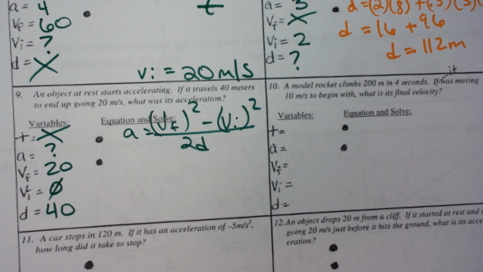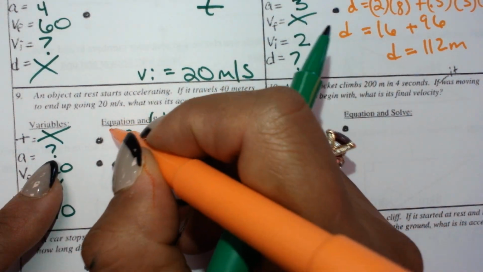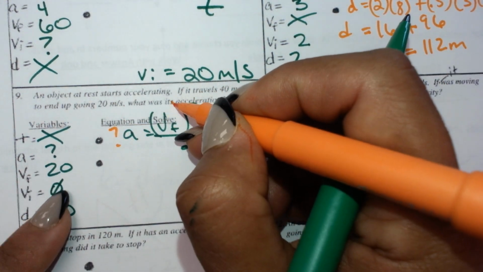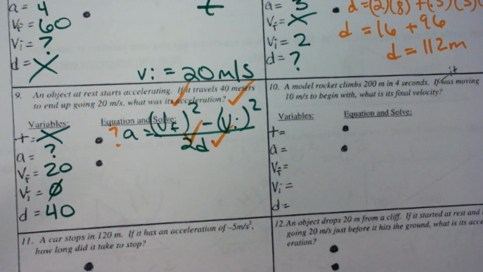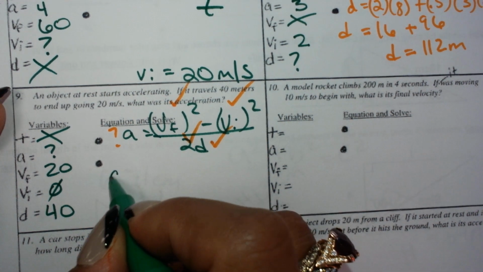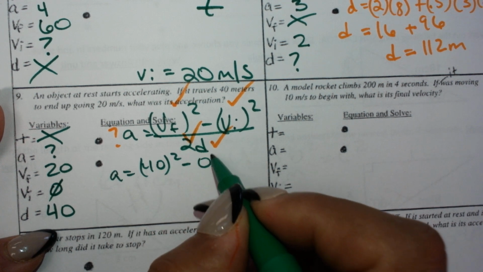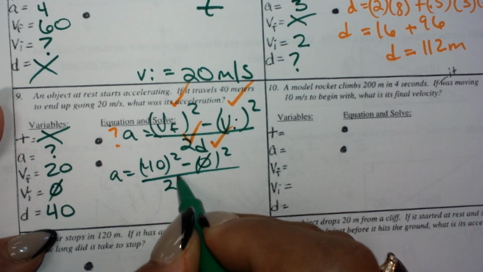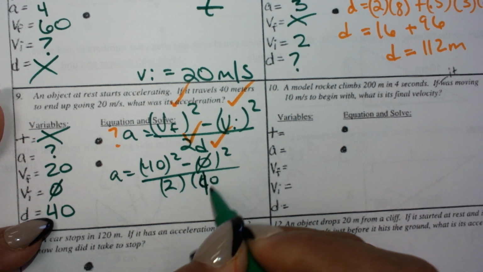Okay? Let's double check it to make sure that this is a good equation. A is my question mark, VF check, VI check, 2 check, and distance check. So in this case, not only is it good, but I don't need to rearrange it. So A equals 20 squared minus 0 squared over 2 times 40, the distance. Oops, I messed up, didn't I?